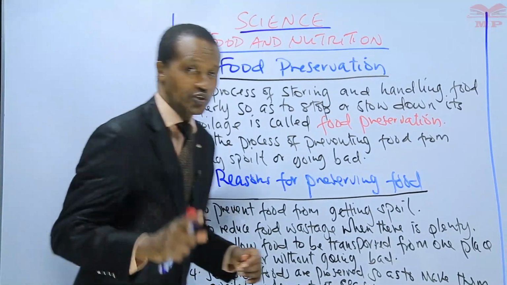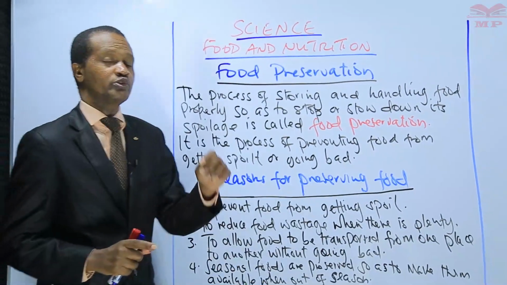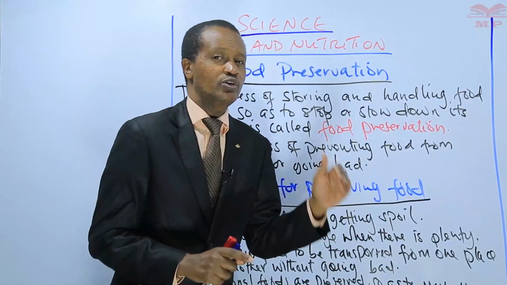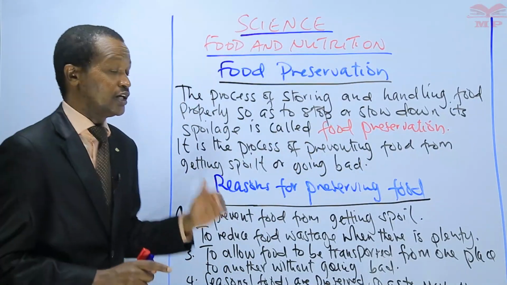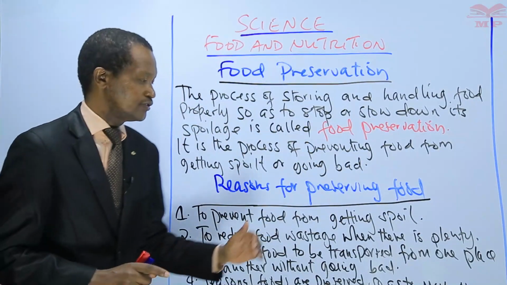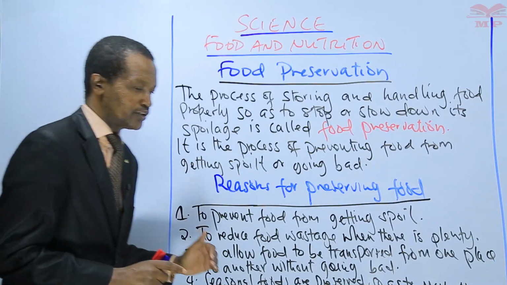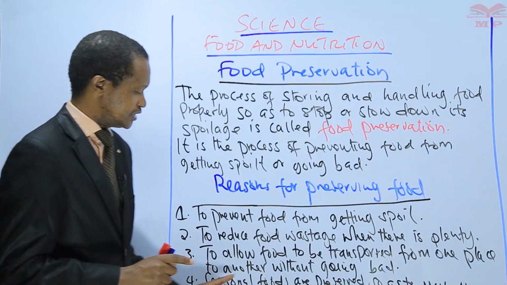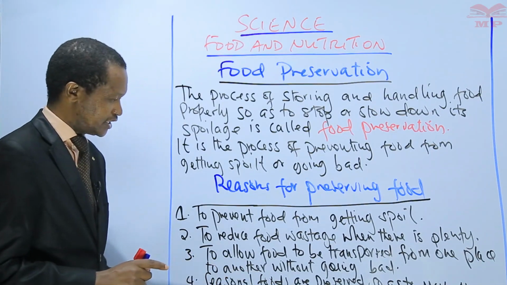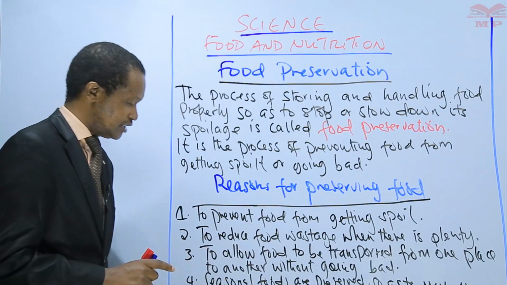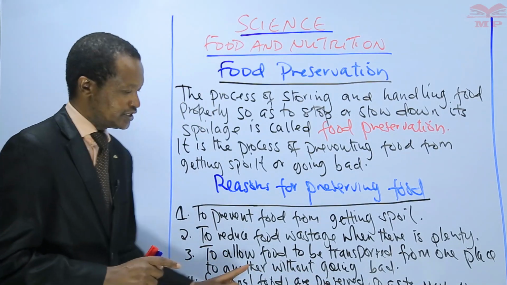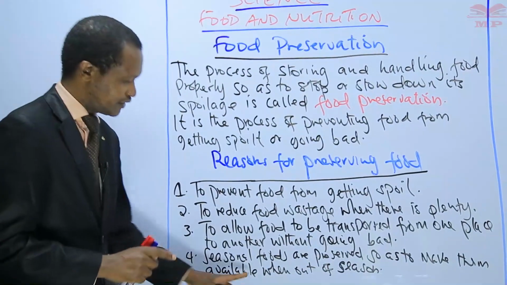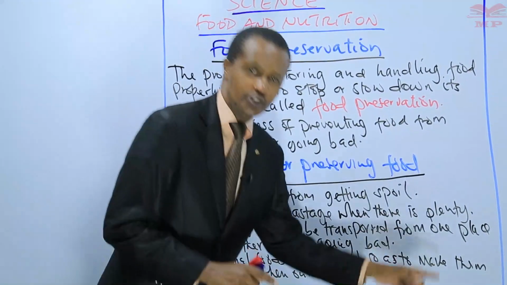And I know some of you don't grow maize. You also have some foods which you take every day or almost every day, which you need to have in your house. So if you are to take food throughout the year, then when that food is in season, when that food has been harvested, there is need to do what? To preserve it so as to make the food available when out of season.